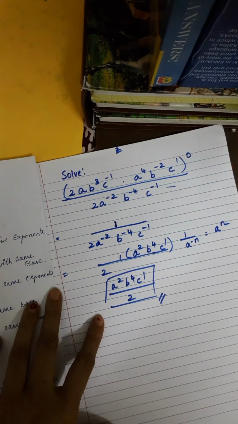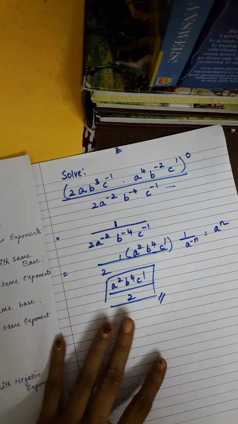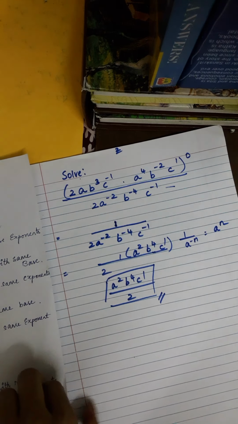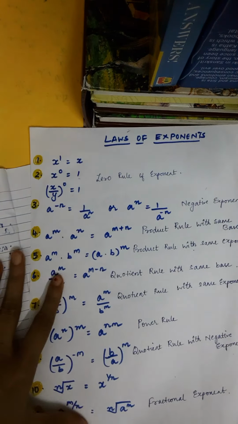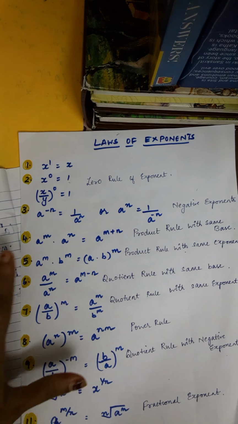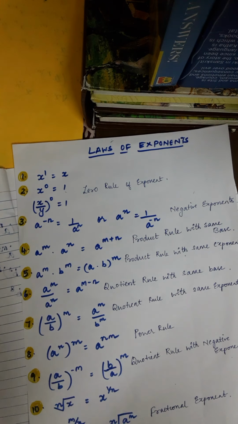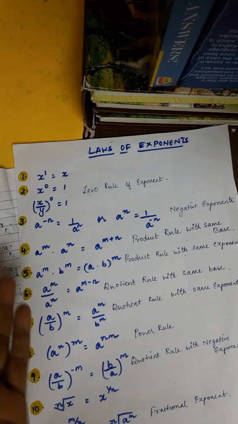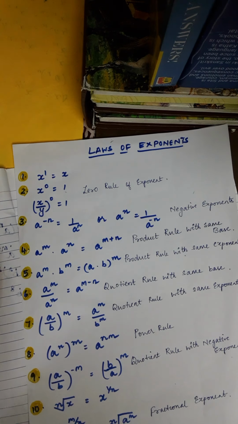So before concluding, I just want to give you 2 or 3 tips or suggestions here. Before starting with exponent problems or the chapter, kindly prepare yourself a sheet like this. Just write all the rules or laws of exponents and stick it wherever you are studying. So it becomes really easy for you to get used to the rules, and very quickly you can apply them and solve the problem.